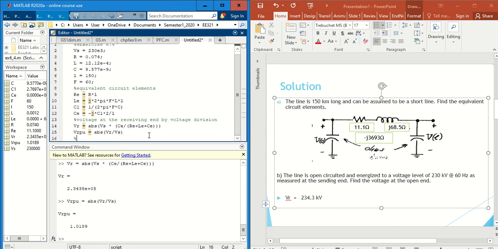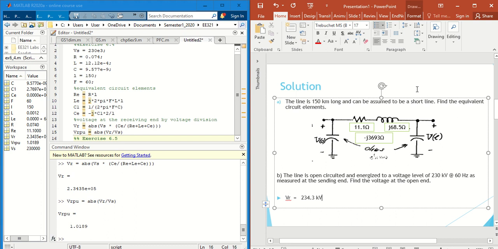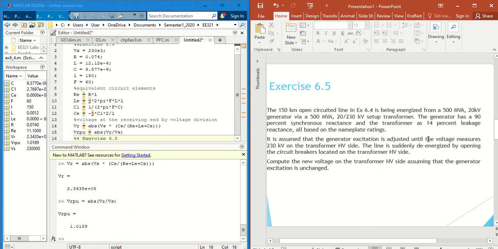Now let's move on to exercise 6.5. So exercise 6.5 says the 100-kilometer open circuited line in 6.4 is being energized from a 500 MVA 20 kilovolt generator via a 500 MVA 20 to 230 kilovolt step up transformer.